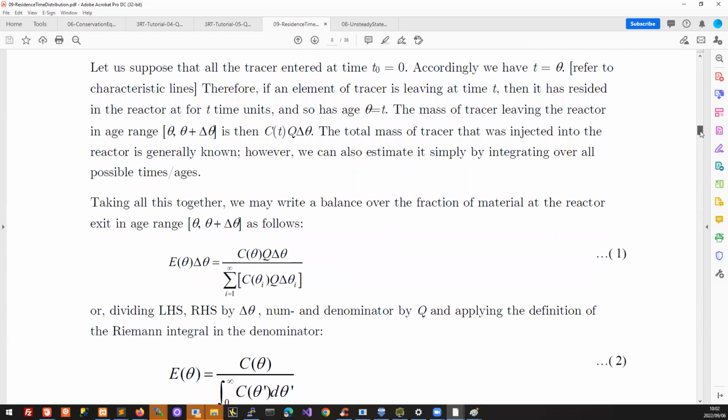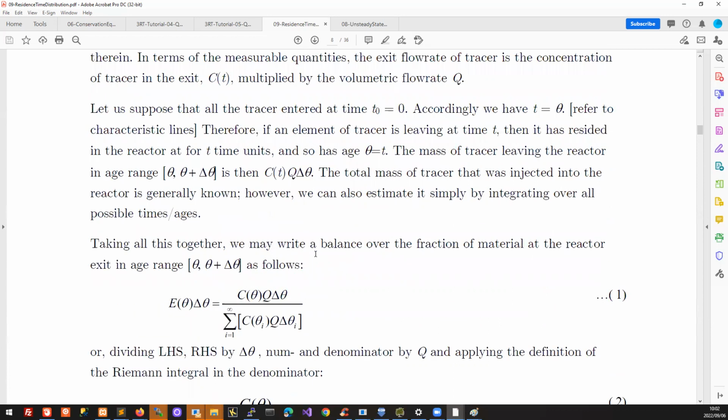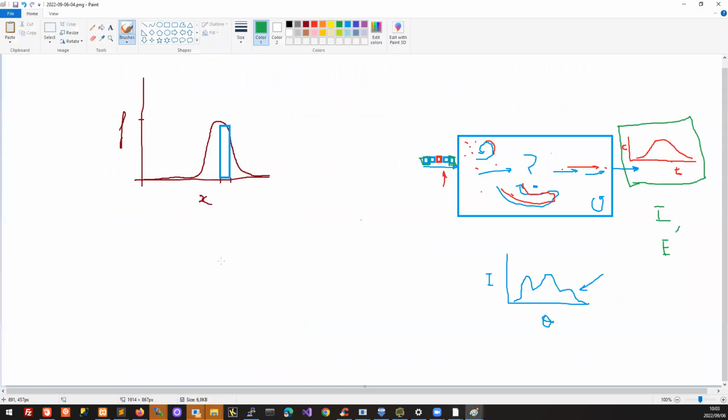So let's think about our salt tracer now. Let's define for ourselves, well, we've already defined E of theta such that E of theta delta theta is the fraction of fluid elements that have spent between theta and theta plus delta theta time units in the reactor. Now, what we have here is a concentration with time profile.